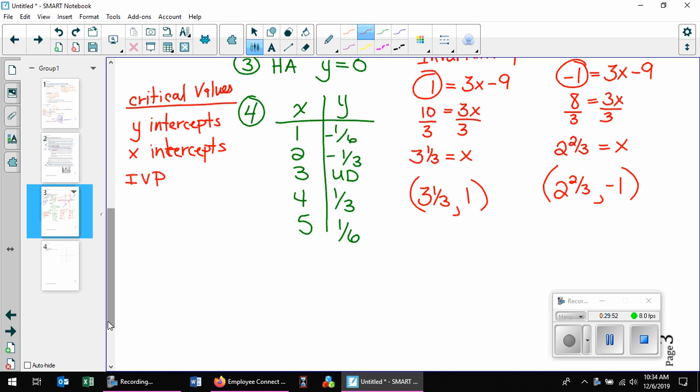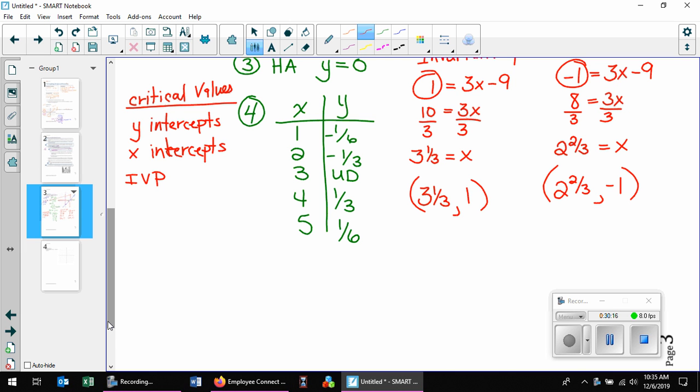Well, we solved for them. We can just plot those points on the actual graph. No. Critical values or critical points on the graph, these are the things we always expect to be graphed. These are the things that make the most sense to graph, like your y-intercept, you'd always graph your y-intercept.